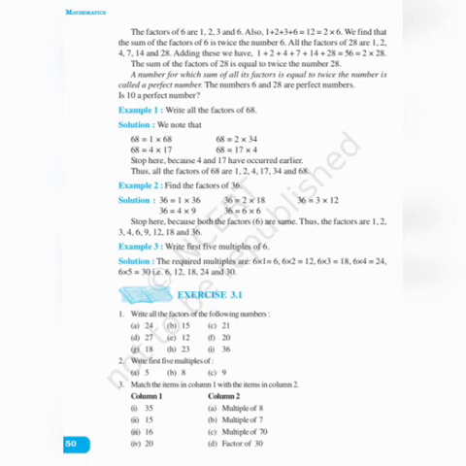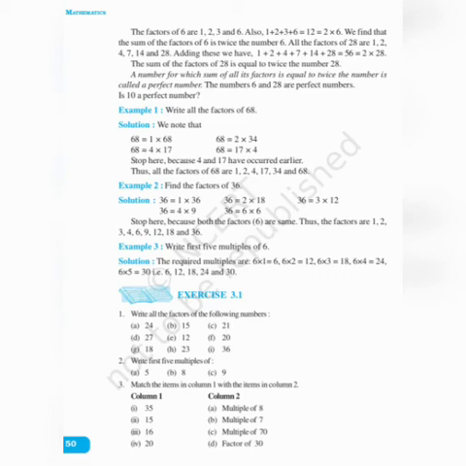Why? Because 12 you can write as 1 into 12 and 12 into 1, so it comes in the one table and the 12th table. Next, 4 threes are 12, so it comes in the 4th table and 3rd table. Next, 6 twos are 12, so it comes in the 2 table and 6 table. Like this also you can find it.